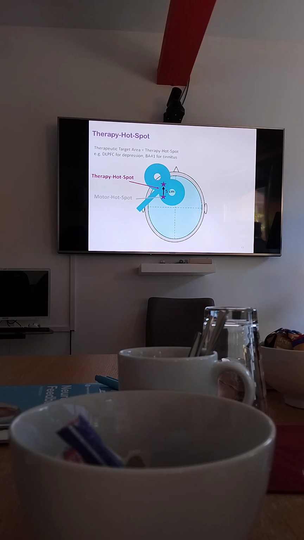If you have a treatment for depression, it normally takes 4 to 6 weeks of stimulation, and after that you have the same outcome in terms of success as you have with antidepressants, with medication.